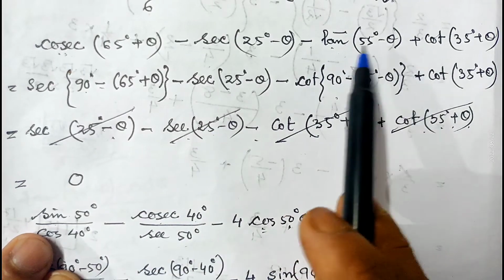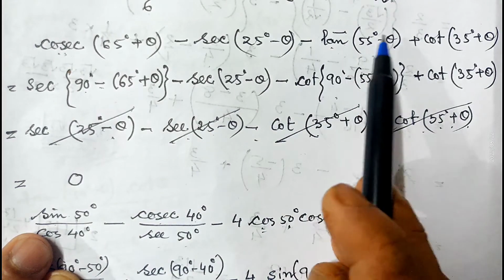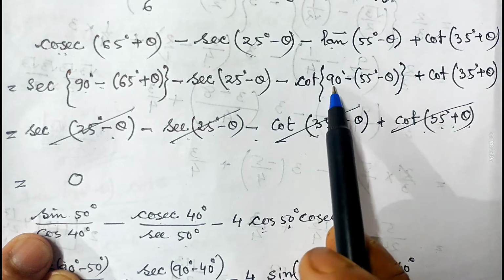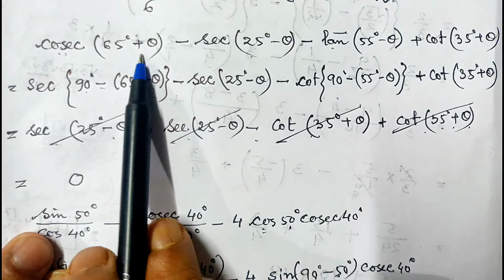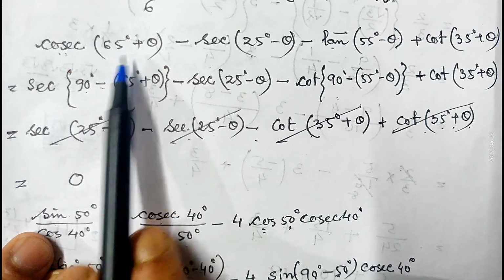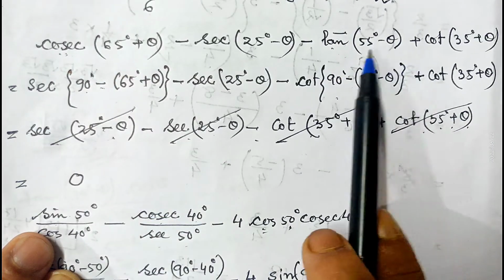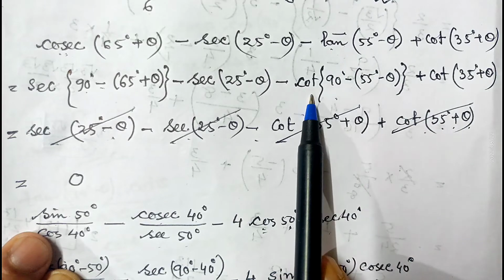Here out of these two we will change one. This tan theta can be written as cot 90 minus theta, plus cot of 35 plus theta. So out of these two, in the first part I have converted to sec, and here also out of these two, tan is converted to cot.